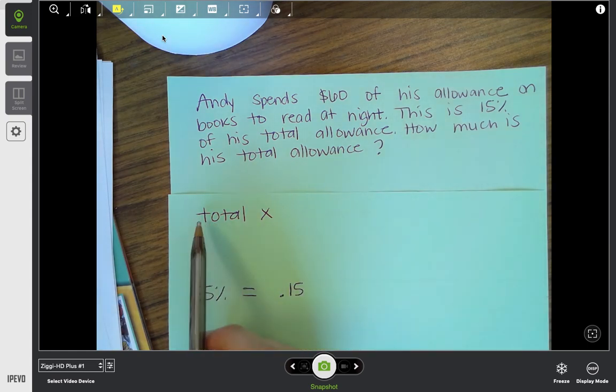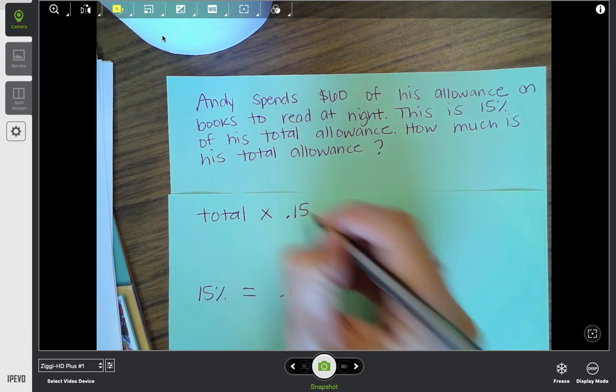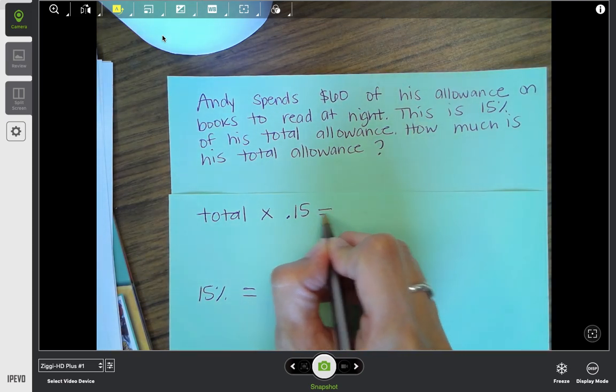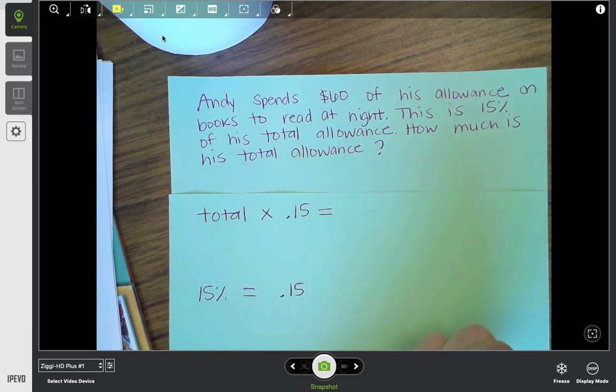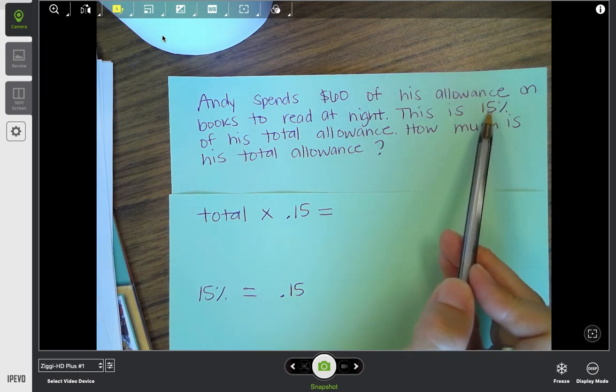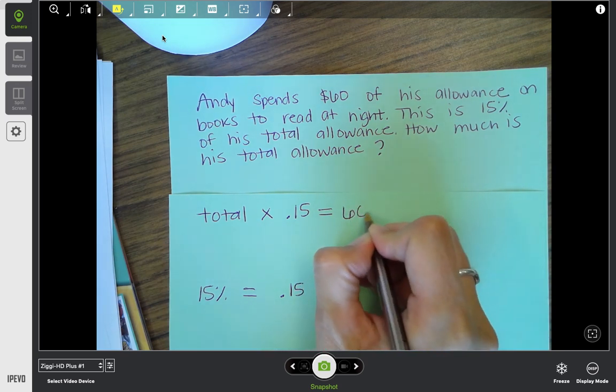So normally we would take the total allowance, we would multiply it by our changed percent decimal, and that would give us our answer. This time though, we know what 15% of the total is. We know that it's $60.